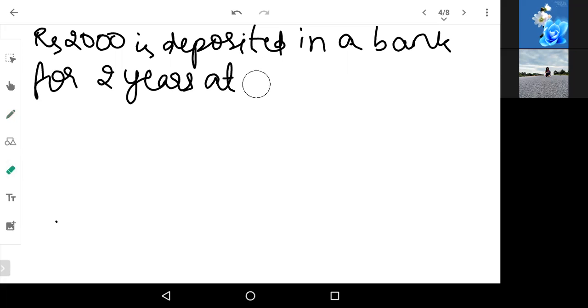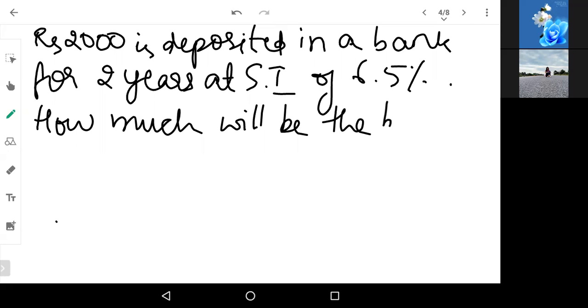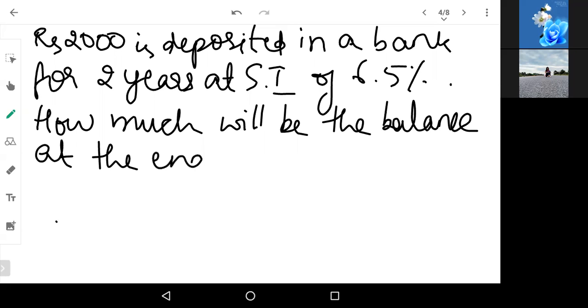I'll write it as SI, simple interest of 6.5%. How much will be the balance at the end of 2 years?